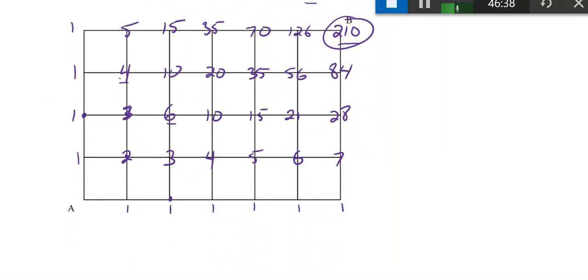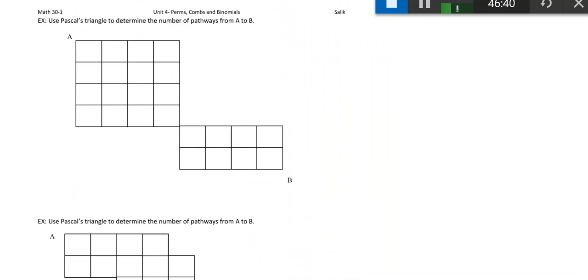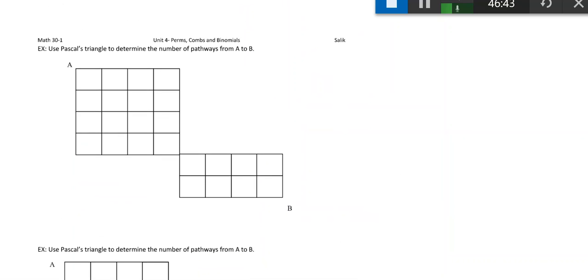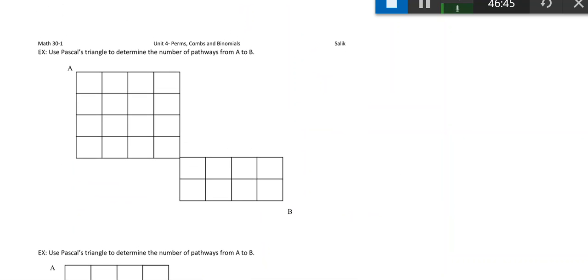So why this is kind of useful is it allows us to do different shapes as well, right? It's worth doing. Let's do this one too. If we're going from A to B, let's fill it out. Again, we've got one way to get there, there, there, and there. And then 1, 1, 1, and 1.